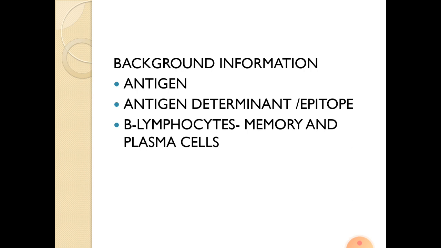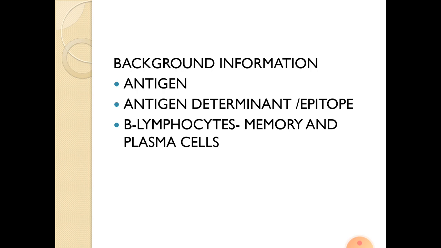Then we should know what are B lymphocytes. B lymphocytes are one type of white blood corpuscles, and the moment the antigen enters into our body, B lymphocyte is triggered to produce two types of cells, namely memory and plasma cells.